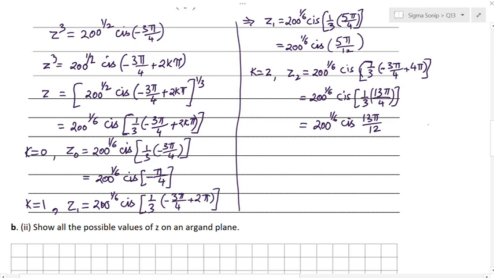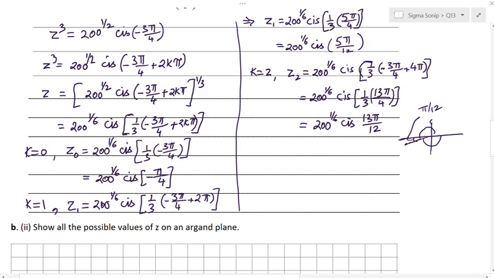So if we just draw it on the graph here, 13 pi over 12 is 1 pi and then pi over 12 more, so basically it is here, and that angle is pi over 12. It has gone beyond pi now, so instead of showing this angle, we need to show this angle, and then it will be a negative argument.